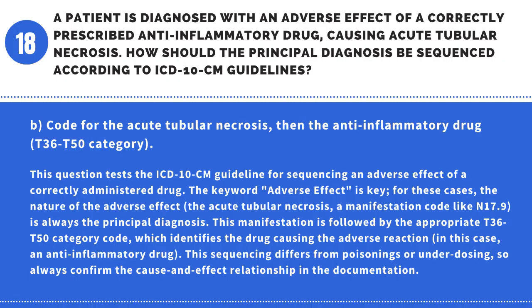This manifestation is followed by the appropriate T36-T50 category code, which identifies the drug causing the adverse reaction, in this case, an anti-inflammatory drug. This sequencing differs from poisonings or underdosing, so always confirm the cause and effect relationship in the documentation.